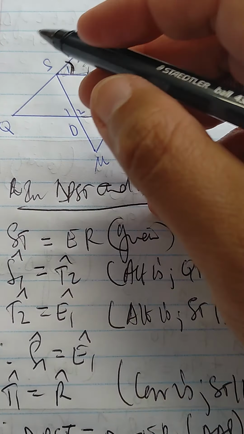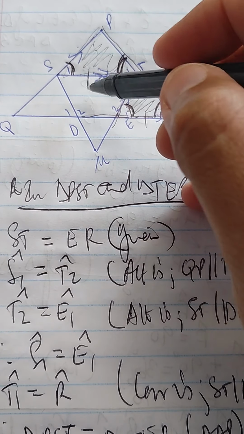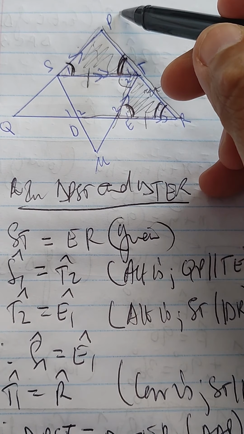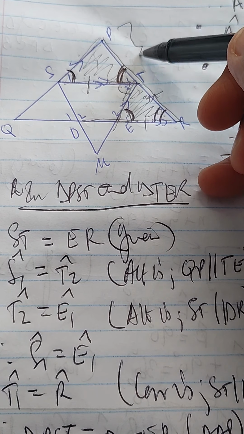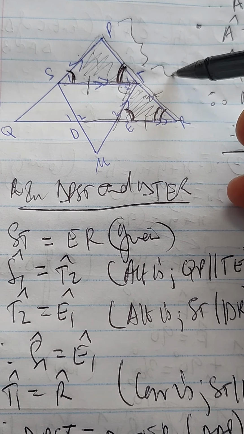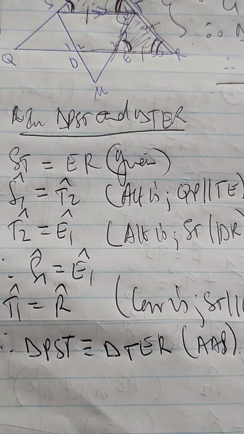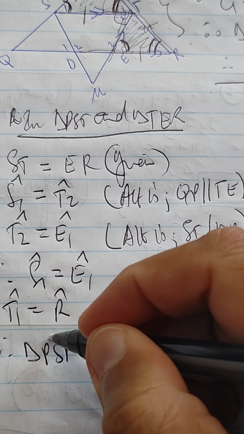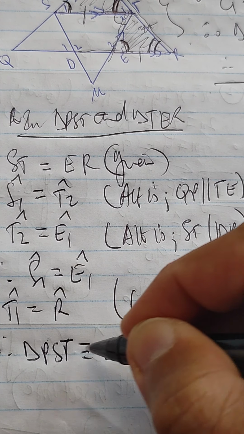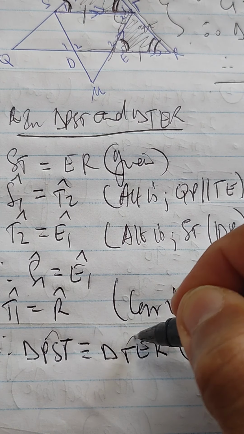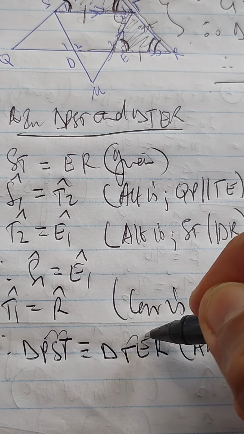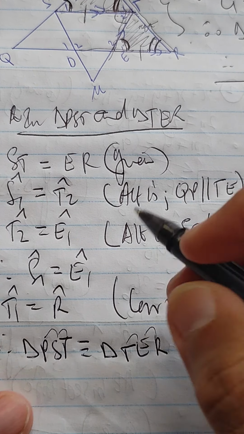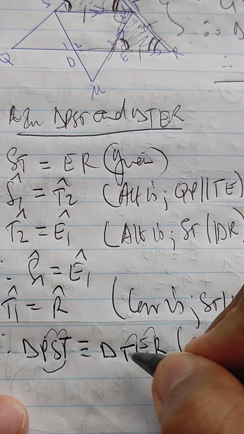Then the question is to show that PT is equal to TR. But if you look at this here, there's also a reason why the order is important. We know that PS is equal to TE. We know that ST is equal to ER. And that's what I want. No, PT is equal to TR.